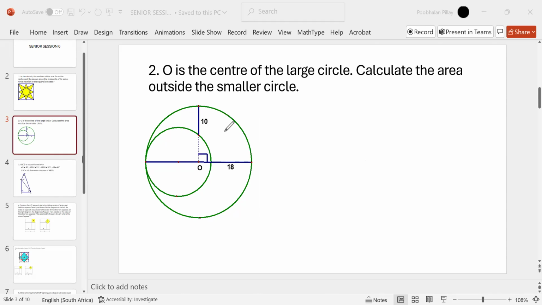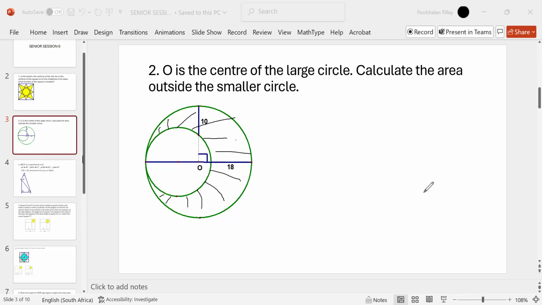Calculate the area outside the smaller circle, and maybe within the large circle. I would imagine that is the case. So you have to calculate that area.